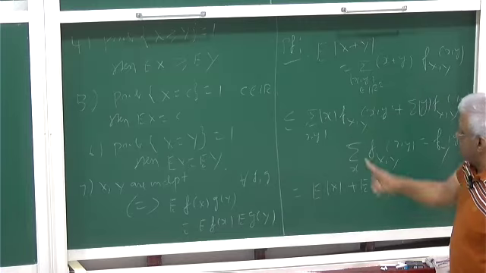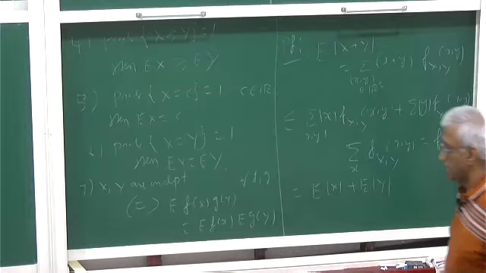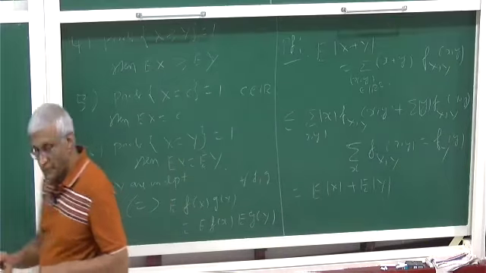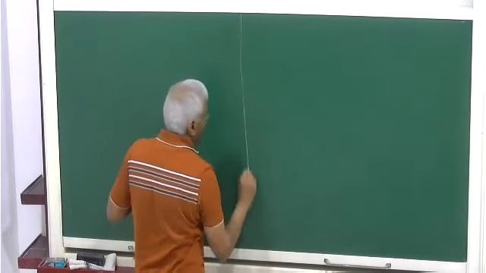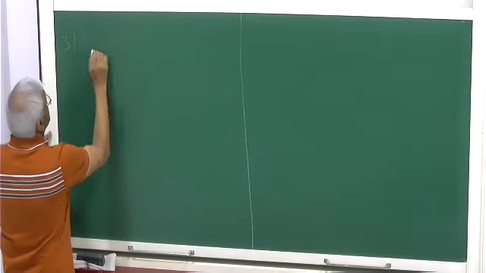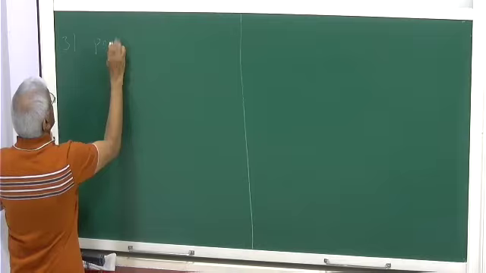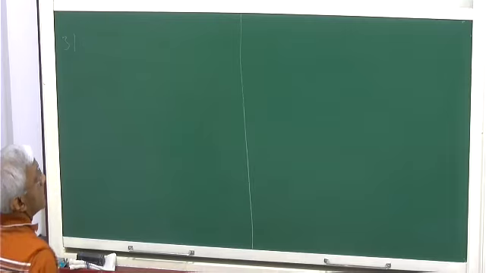Similarly, the second one is also easy. Now the third one, X is greater than Y. The probability of the third one is what? Third one is in the closed interval, no?